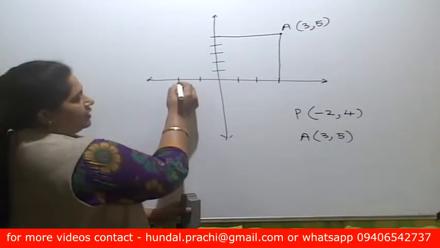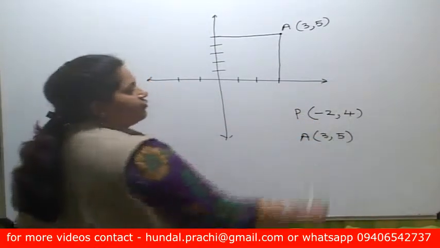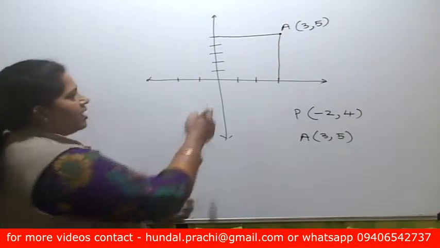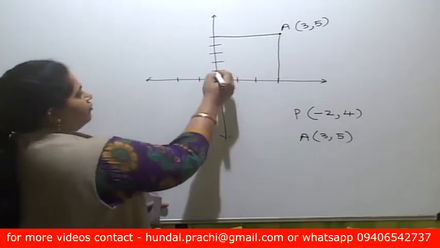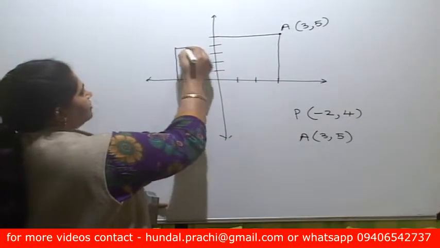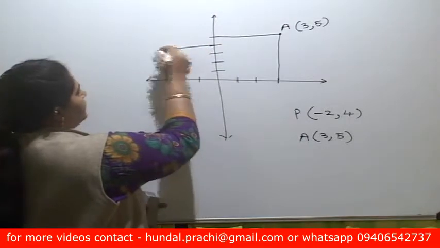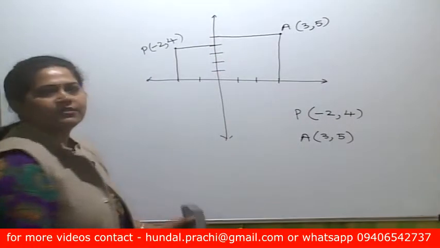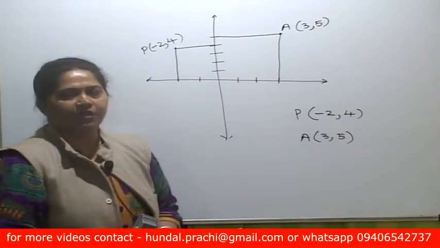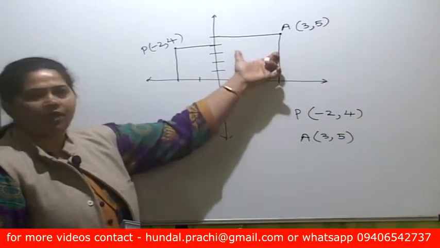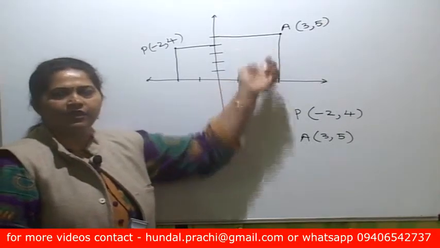And y is 4, that is, the point is 4 units away from the x axis in the positive direction. So 1, 2, 3, 4. When we draw perpendiculars from these 2 points, this will be point P whose coordinates are -2 and 4. In this way we can locate the points in the Cartesian plane if its coordinates are given.